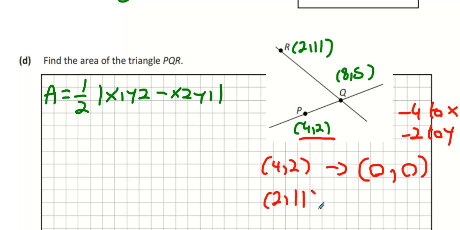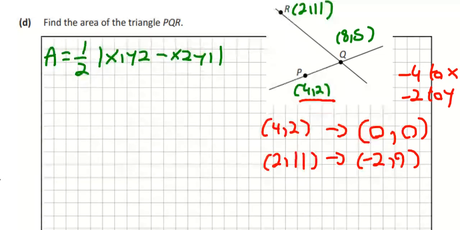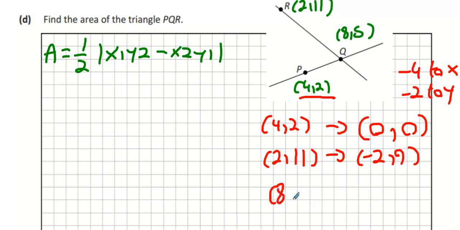For (2, 11), 2 take away 4 is minus 2, and 11 take away 2 is 9. For (8, 5), taking 4 away from x gives 4, and taking 2 away from y gives 3.